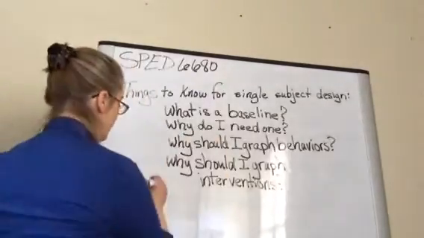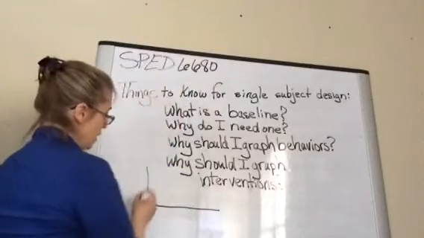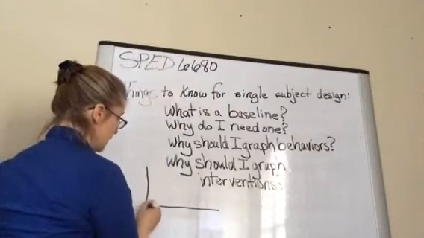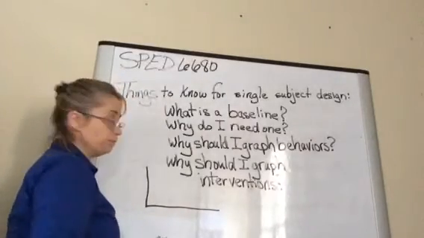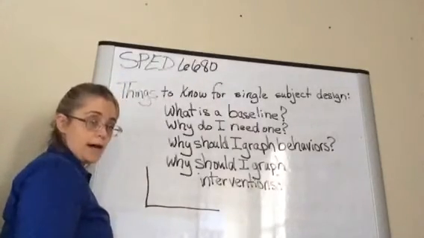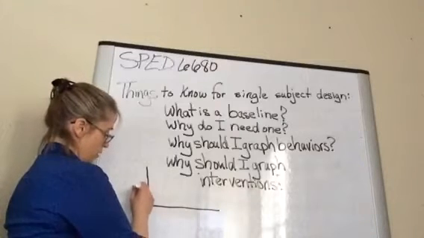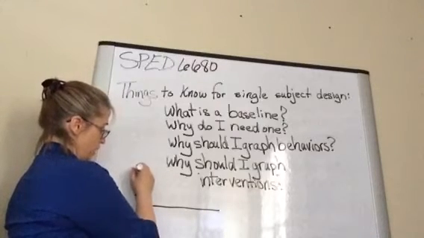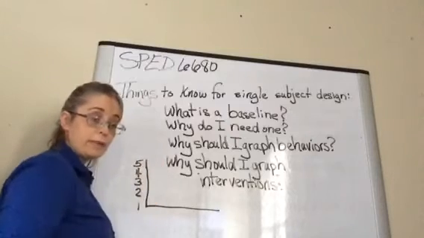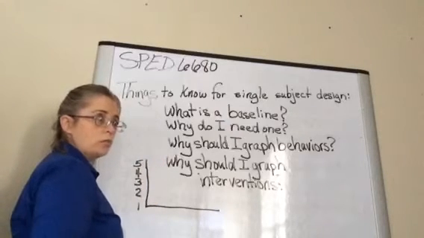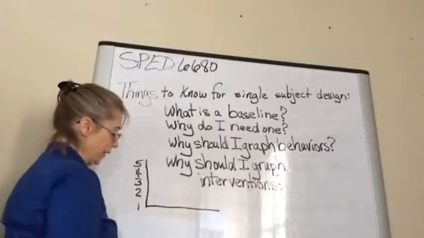A baseline is when we actually have a graph. And we're going to say, okay, today Johnny had 5. We're going to go 1, 2, 3, 4, 5, and dependent on what kind of behaviors, if we're doing violent behaviors, definitely not going to go very many.